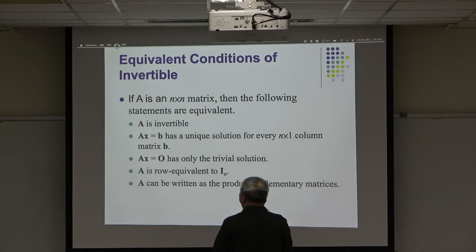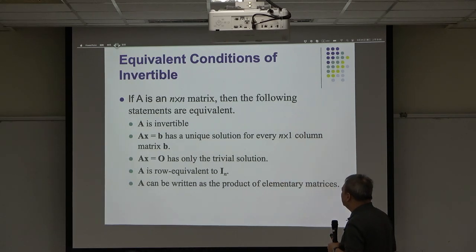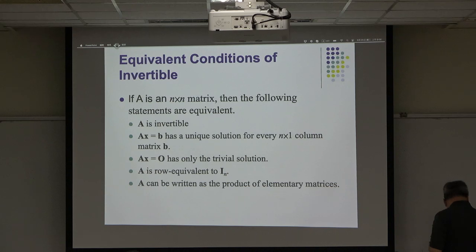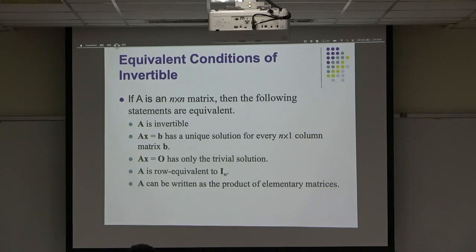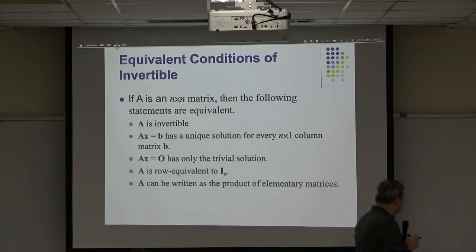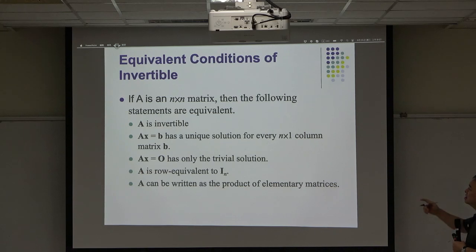The second statement: AX equals B has a unique solution for every n times 1 column matrix B. If that's the case, the first one indicates A inverse exists.